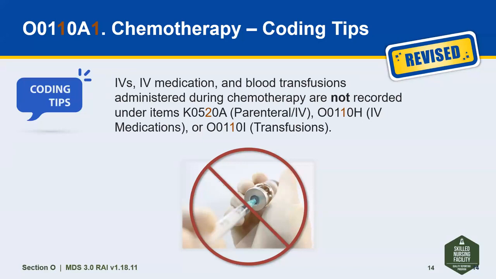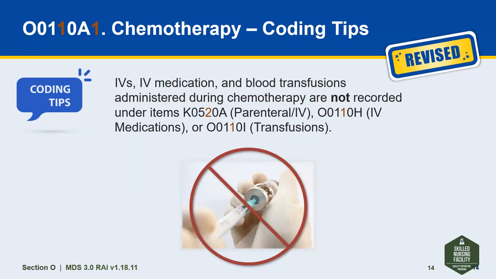And now I'll review the new or revised coding tips for this data element. O0110A1 chemotherapy. On this revised coding tip, you can see in orange, the number has changed. There is also a number change for Section K noted here as well.